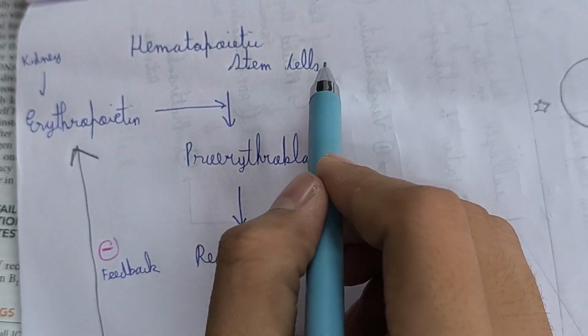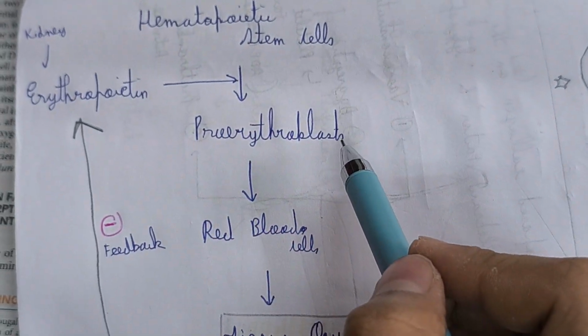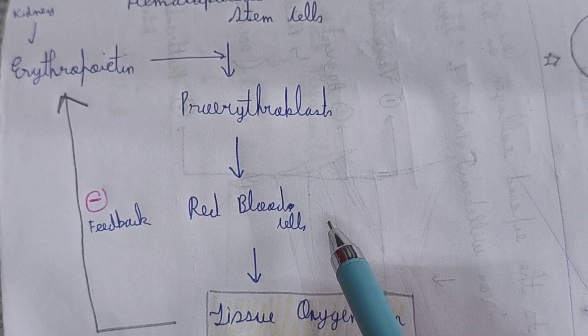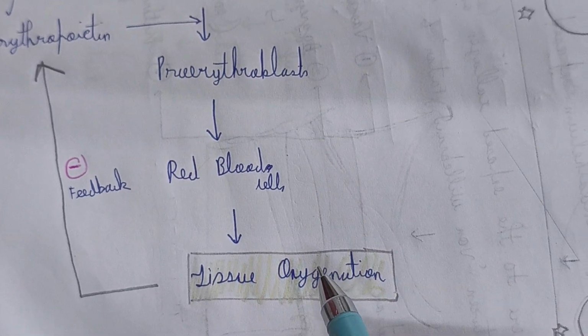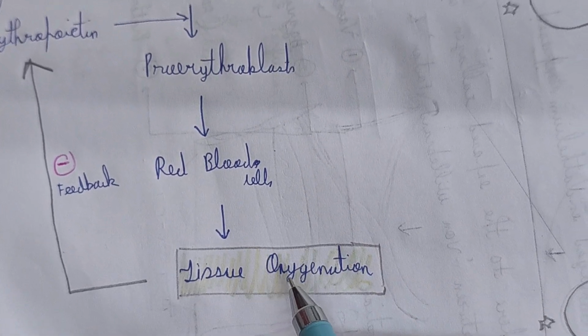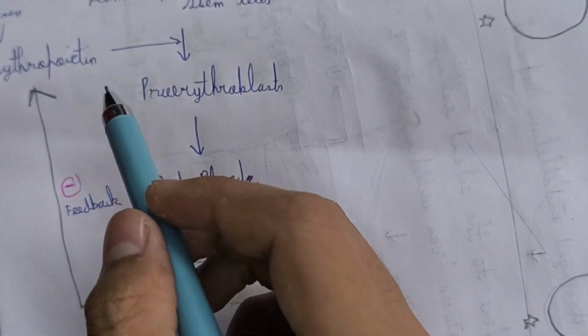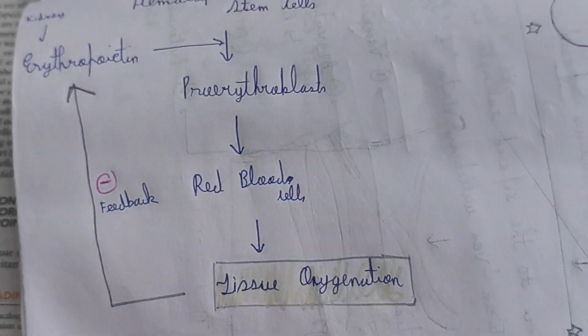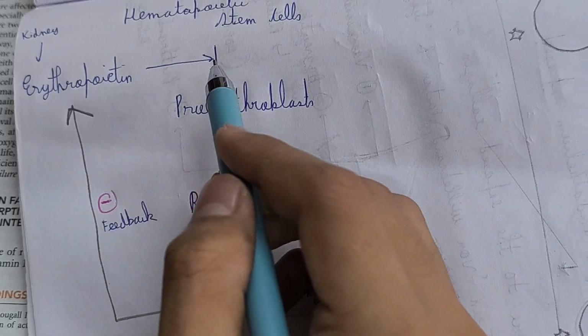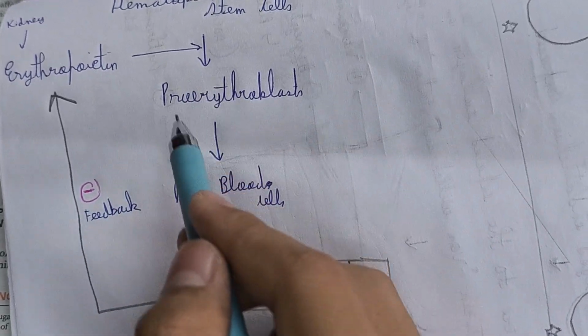So friends, you can see here that hematopoietic stem cells are converted into erythroblasts and then RBCs, and then tissue oxygenation, where tissue is supplied with oxygen. And this erythropoietin is the hormone responsible for erythropoiesis.